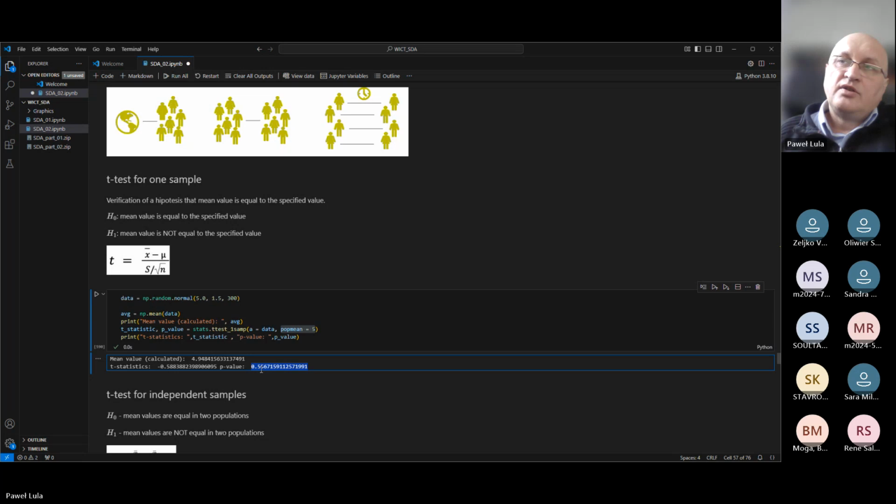It is higher than the significance level. Then, if it is higher, there are no reasons to reject the zero hypothesis. The zero hypothesis here is that the mean value for the whole population is equal to 5. I used this test, I got this p-value, and I see that there is no reason to reject this hypothesis.